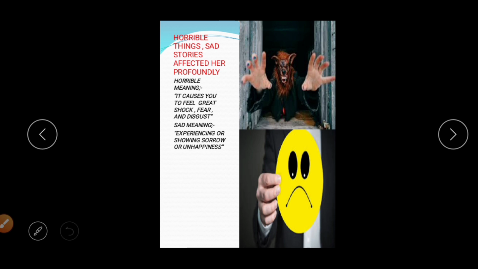The patient expressed the fear, sir. Some doctor advised or gave the warning that some may die from this disease. After hearing this type of program or comment, it led her to anxiety and fear. She expressed it like this, so I have taken the rubric horrible things, sad stories affecting her profoundly.